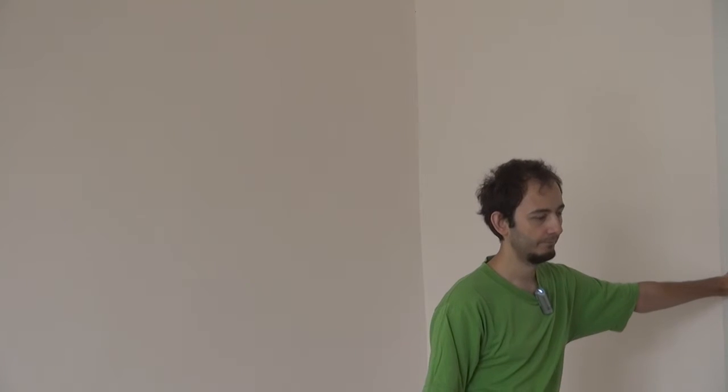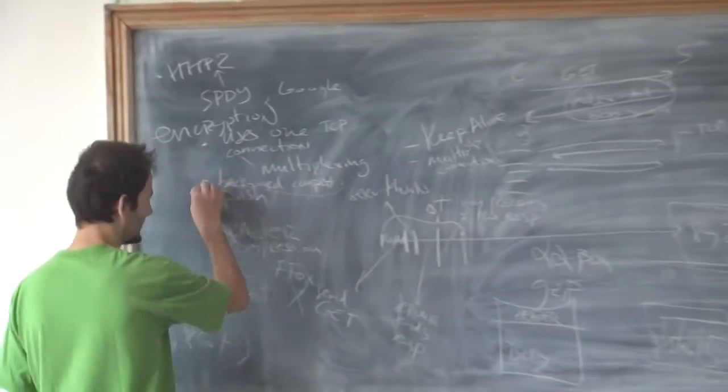However, it will take time to implement the servers. It will take time to implement the clients for HTTP2. And if HTTP2 will have this ability to tunnel HTTP 1.1, maybe it will be easier. Well, that's what it does. Like I said, it's backwards compatible.